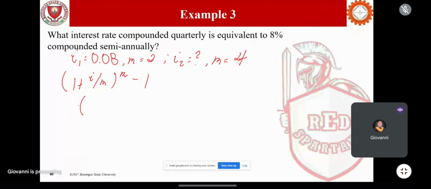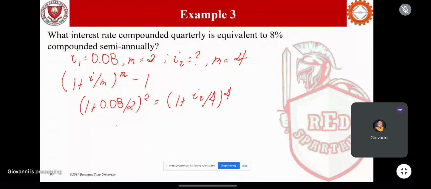So 1 plus I1, 0.08 over 2 raised to 2 is equals to 1 plus I2 over 4 raised to 4, katumbas ng compounding period.